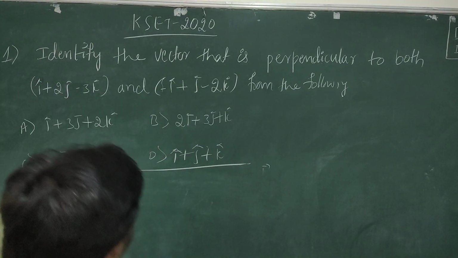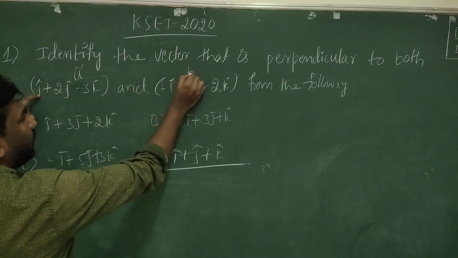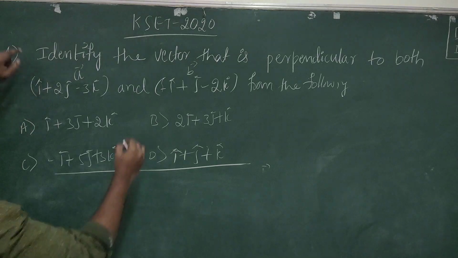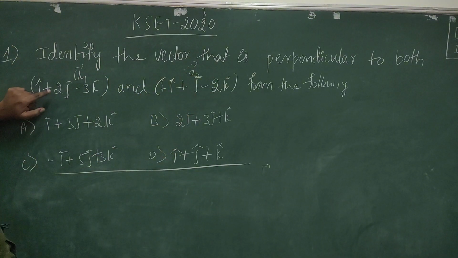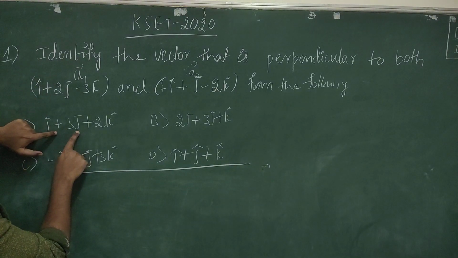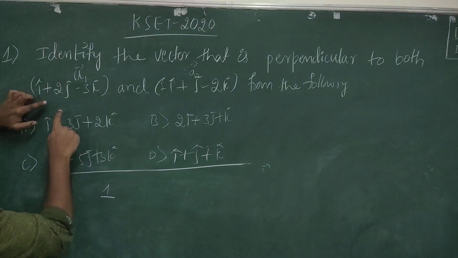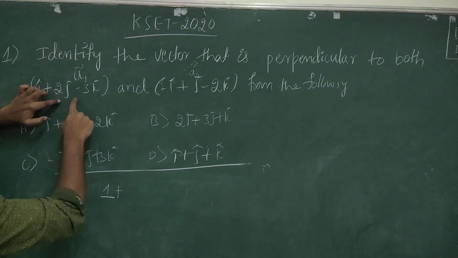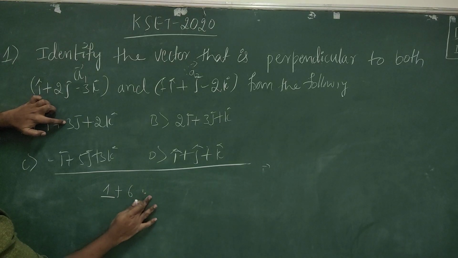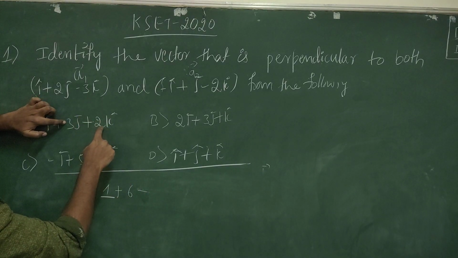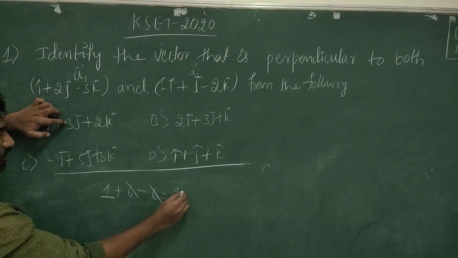Suppose this is our A1 vector and this is A2 vector, let us take the A1 vector with this B vector. So I dot I is 1, and plus J dot J is 1, 2 3s are 6, plus minus 3 2s are 6. So minus 6 plus 6 cancel, the answer is 1.